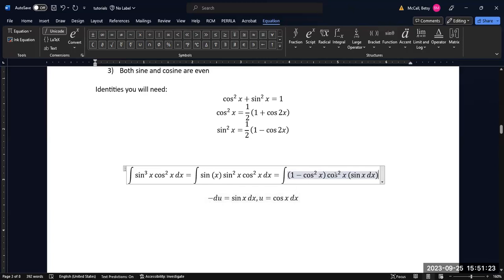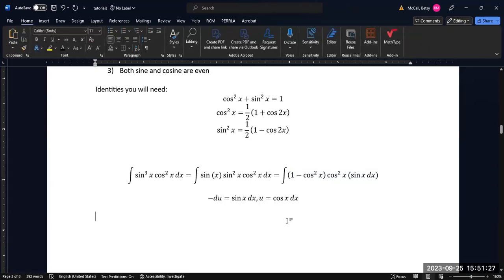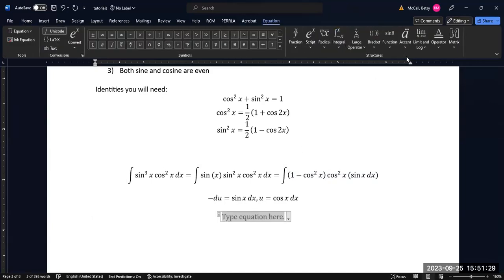I've collected those on the end. And so now I can make my substitution: 1 minus u squared times u squared times negative du.